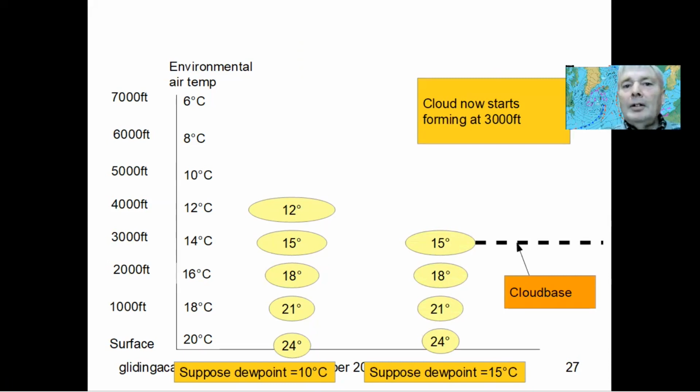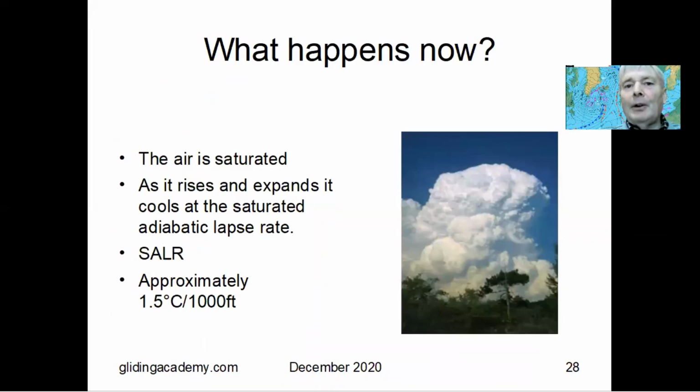And therefore, in this example I've given you, this is where cloud base would be, and this is where cloud would start forming. Now something else happens. Because the air is saturated, it's now going to rise and cool, but at a different rate. And for the purposes of this example, I'm using 1.5 degrees C per 1,000 feet.